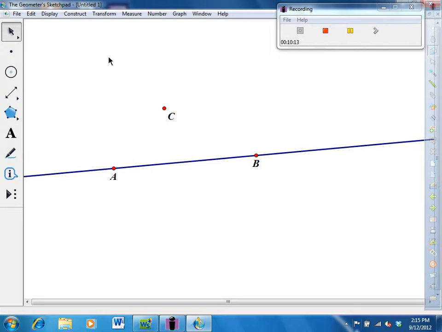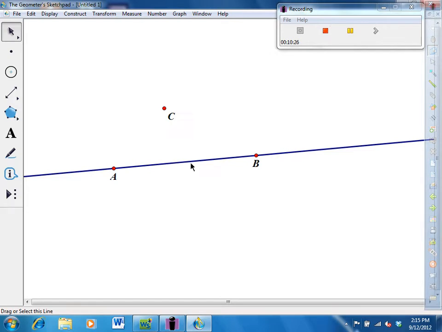Now, what they want you to do in the first step is construct a line parallel to this line through this point. I just want to show you these so you're not blind in there. When I give you these handouts, the little sidebars give you little steps.